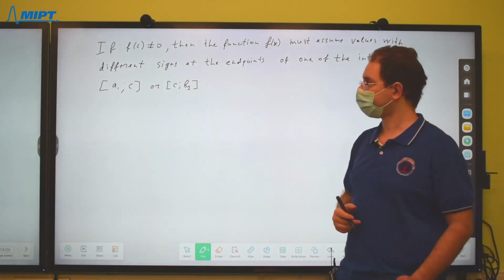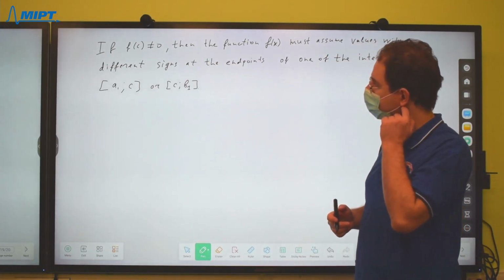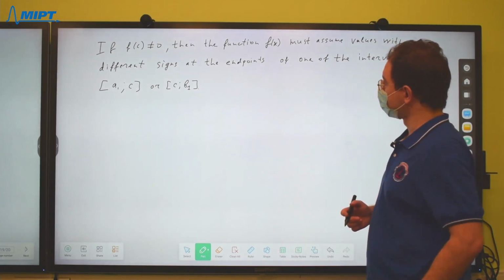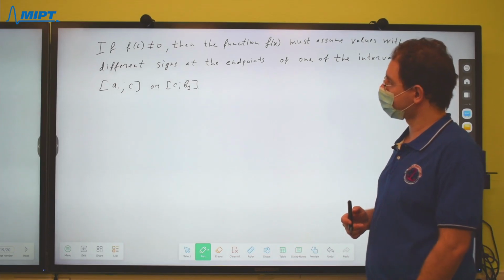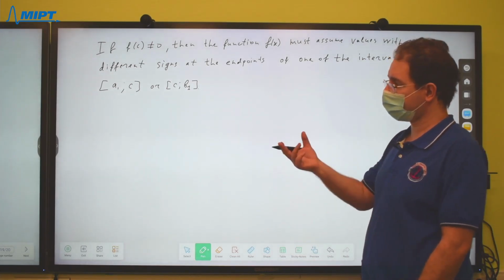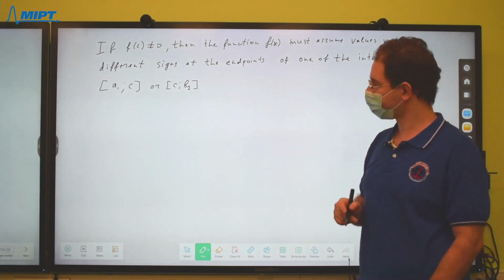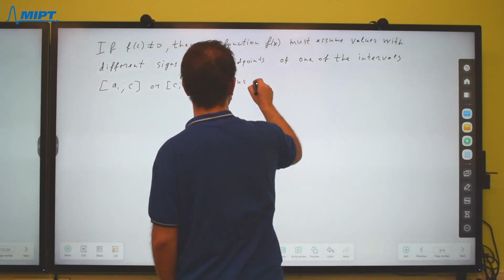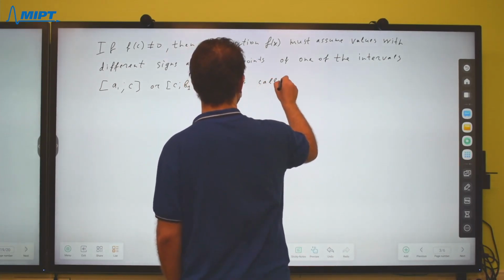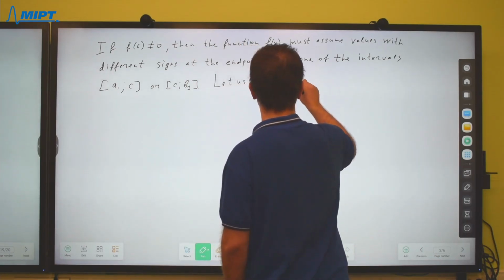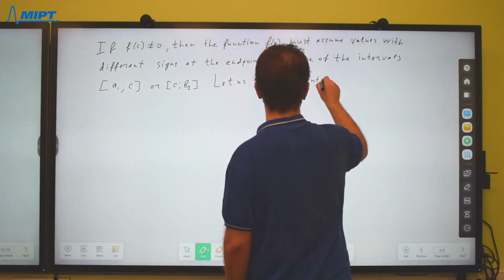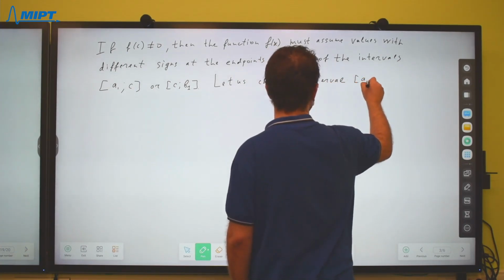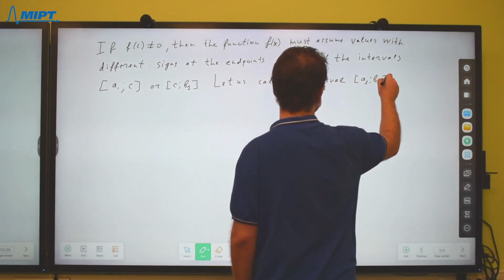So my function assumes values with different signs at the endpoints of one of those intervals. Let's call this interval A2, B2.